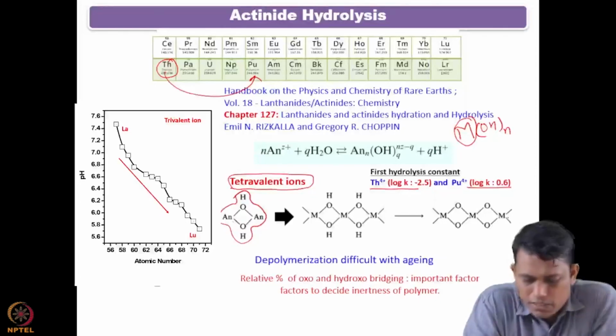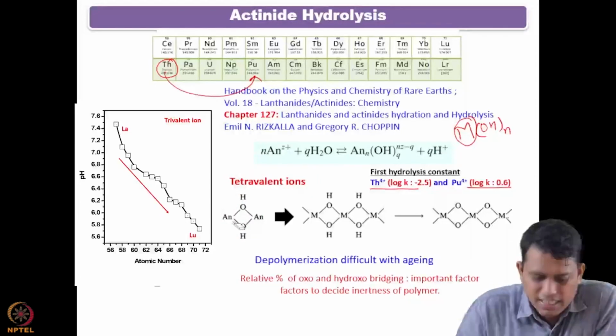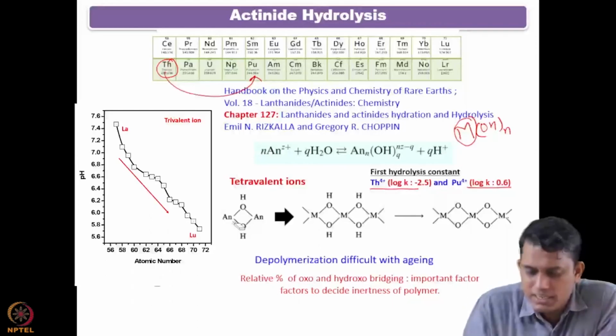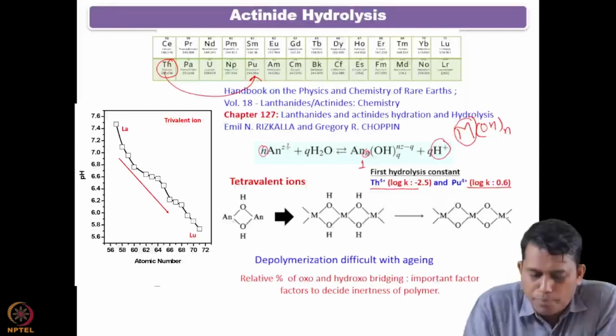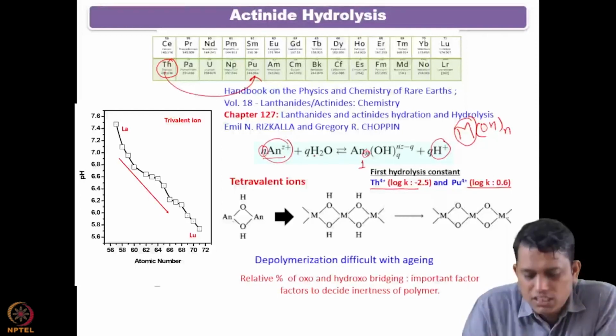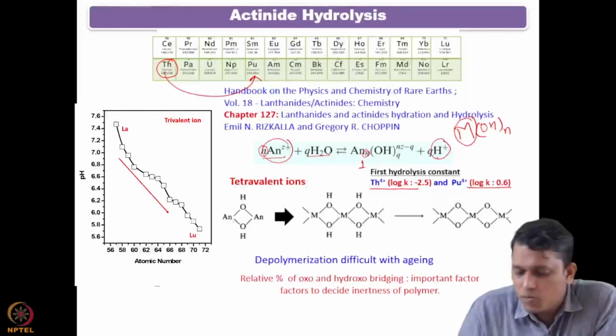And I must tell you, if you see an example, let us assume that n is 1 here, and you have a tetravalent ion, and I count the number of protons released per metal ion. If you react with this and one proton is released, that is one proton per metal ion.